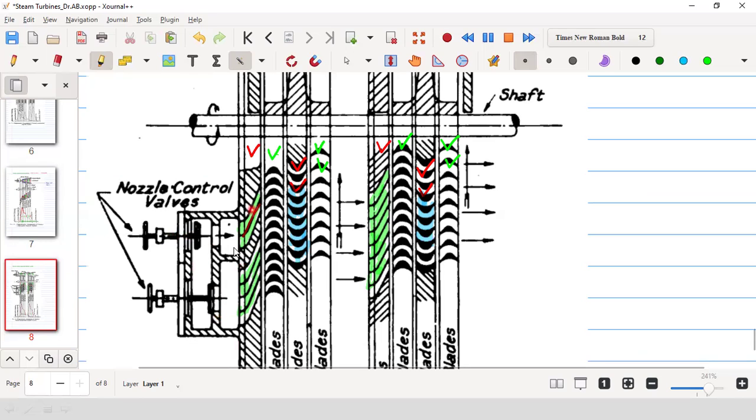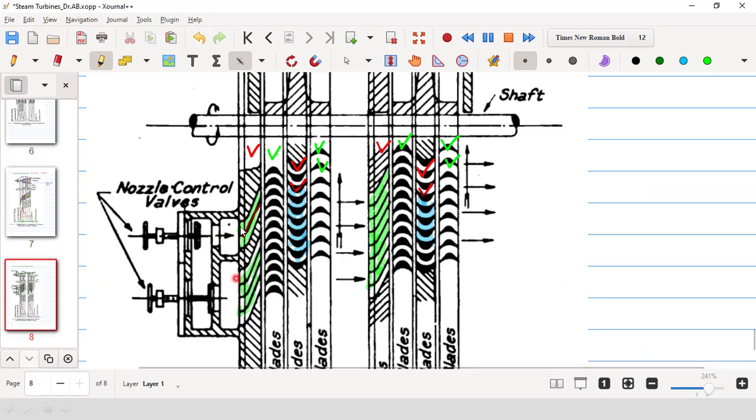For example, through these there are two nozzles, through these there are four nozzles, like that. To control the speed, you need to control the flow rate. Sometimes you may need to stop it fully, and you will just open this one. In this diagram, this is fully closed and only this is open, so the produced torque will definitely be less.